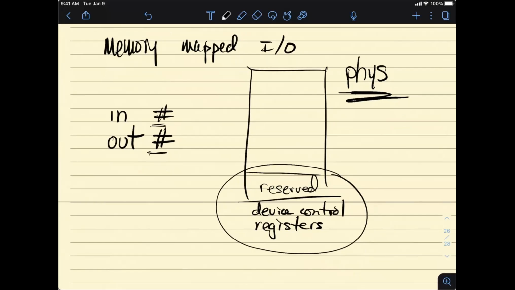Let's say it was a serial device that you were talking to, you could write 8 or 16 or 32 bits to it all at once. That write is like in parallel. And then the hardware that stands behind that location in physical memory would do the translation from the 8 or 16 or 32 bits into a serial communication.